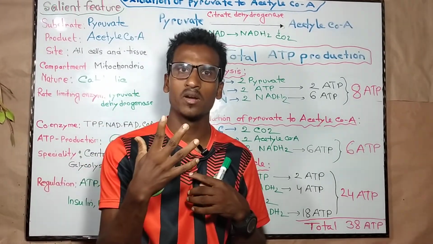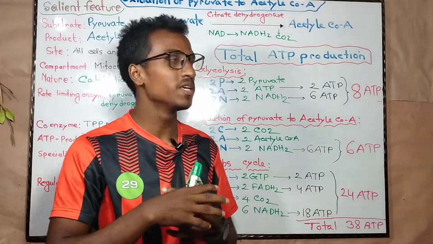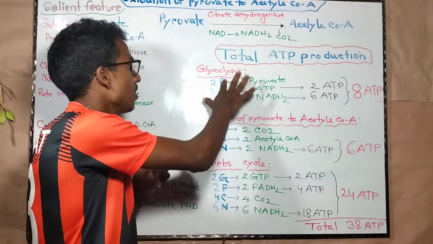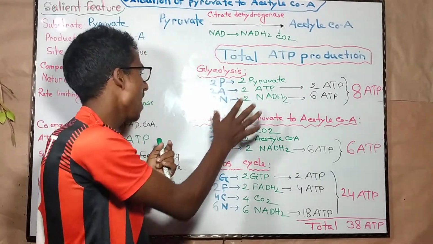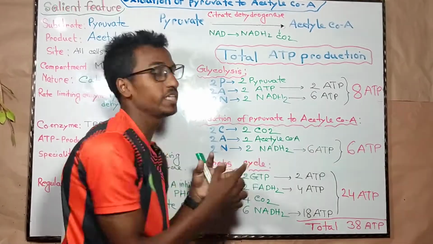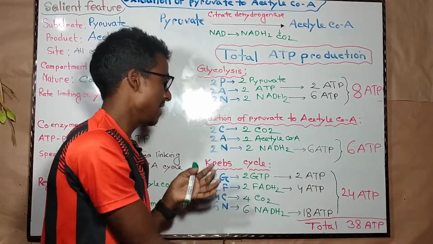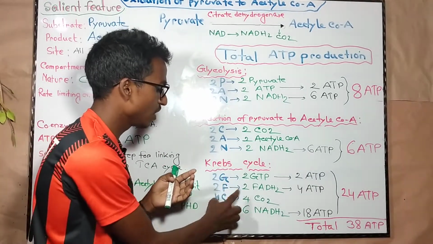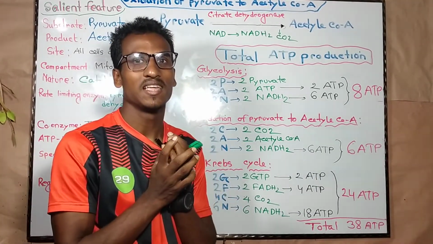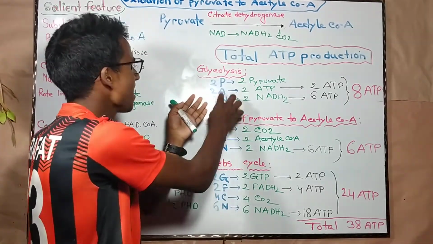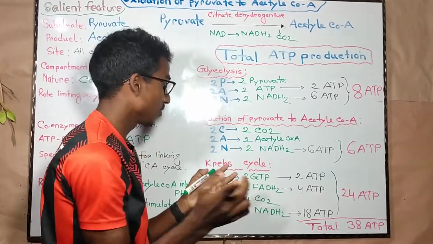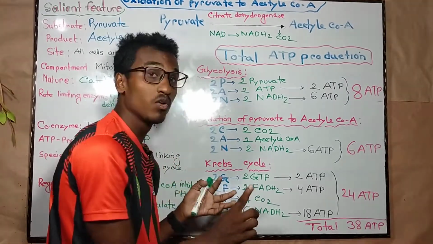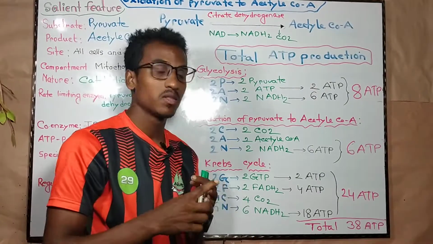From glycolysis we got the production P, A, N, from the oxidation of pyruvate to acetyl CoA we got C, A, N, and from the Krebs cycle we got G, F, C, N. Here P along with 2, A along with 2, N along with 2, C along with 2, G along with 2, F along with 2, C along with 4, and N along with 6.